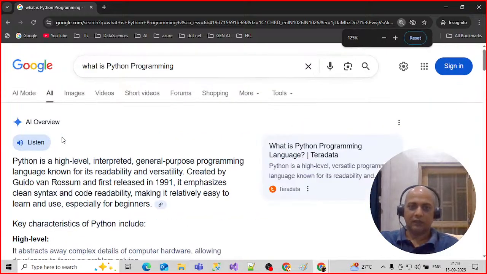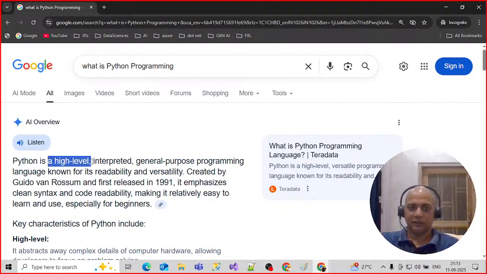It is saying Python is a high level interpreted language. High level means it can be used in multiple ways. No, high level language means most of the syntax is in English-like language, human-like language, right?